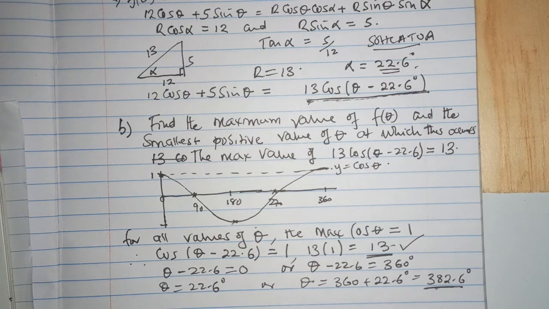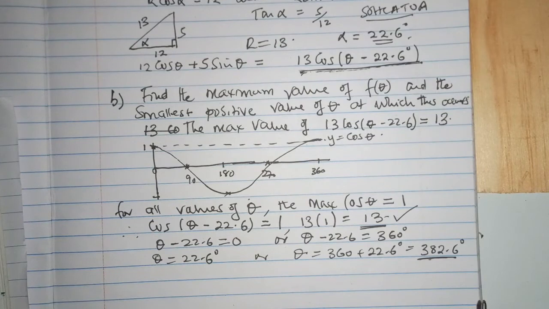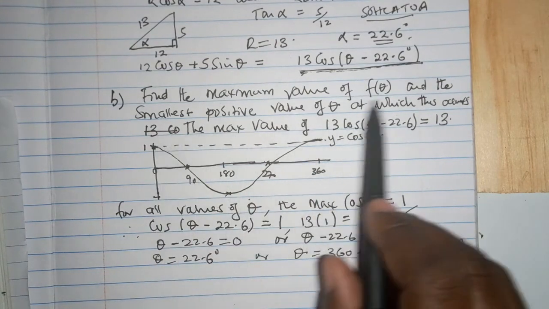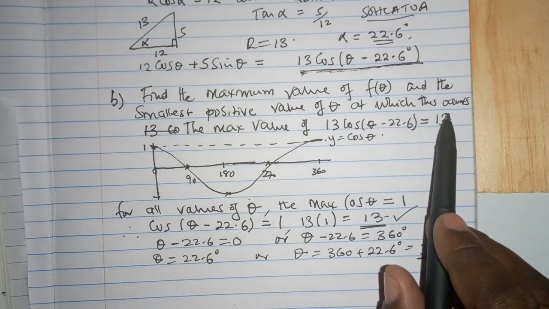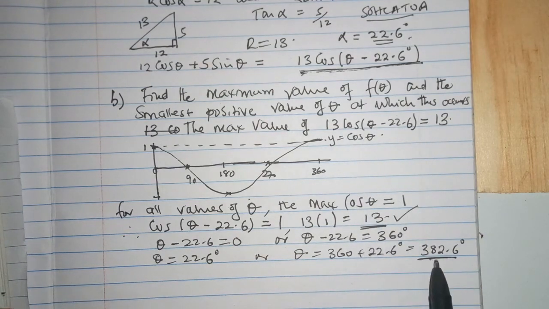So we can confidently say that the smallest possible value of theta is 22.6. In fact, here we don't seem to be interested in the range, because the question is asking us to find the smallest possible value of theta at which this occurs. Obviously, 22.6 is less than 382.6.